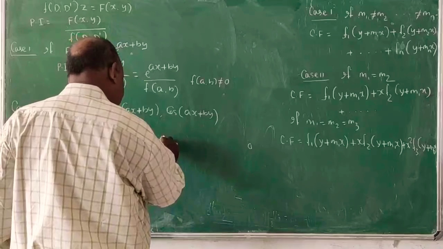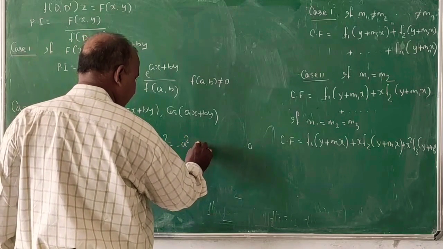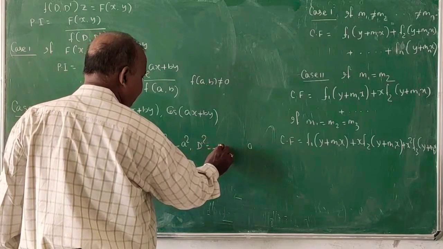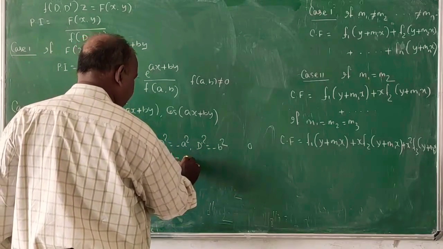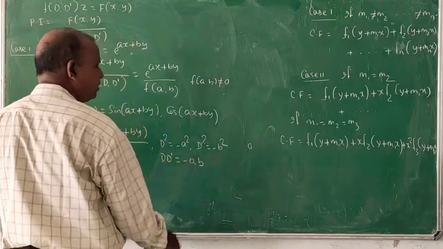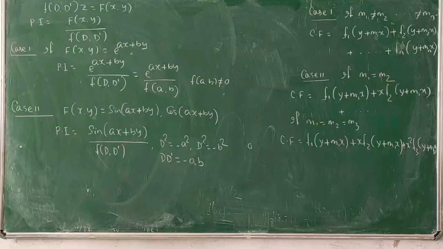You have to substitute D square as minus a square, D dash square as minus b square, and DD dash as minus ab. By substituting this, the denominator should not be equal to 0. If it is 0, then you have to go to the general formula. So there are only two cases.